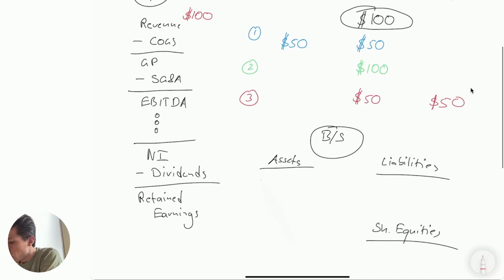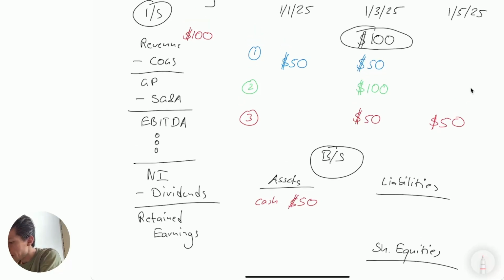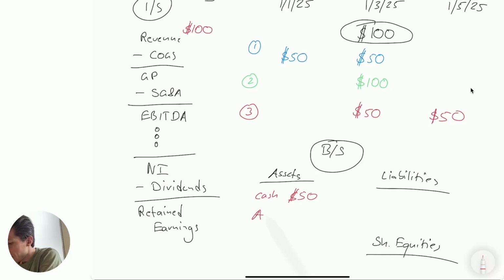We also recognize 50 in cash. And what we do is, from a customer perspective, is we have accounts receivables of 50. Yeah, accounts receivables, this part. And then we have 100 here on the left side, on the asset side, 50 plus 50.